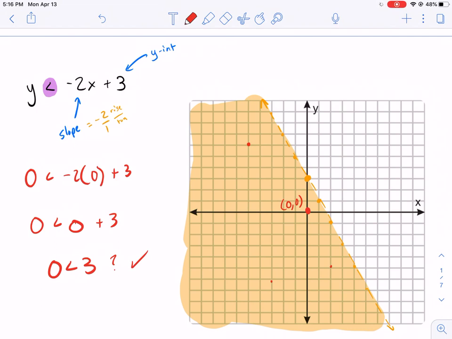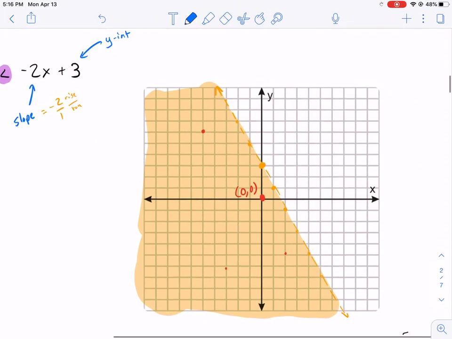We can also do the reverse, and plug in one of these points. Let me show you real quick. Let's plug in this one right here, 0, 5.